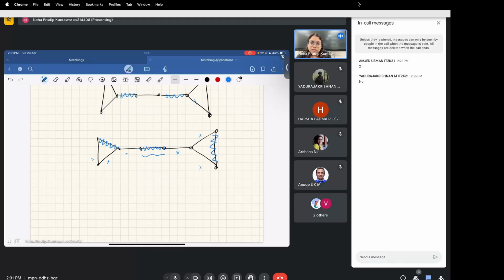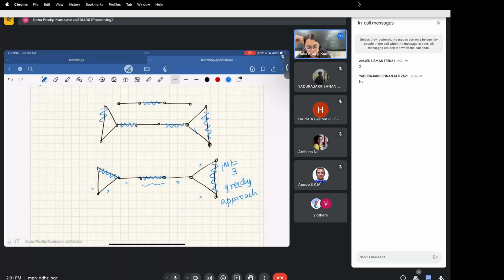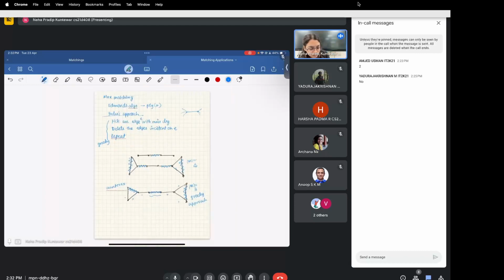So in this case you end up getting a matching of size 3 by the greedy approach, but a maximum matching here would look like this. That's something I thought would be a counterexample to the approach. So is it fine? Yes, okay.